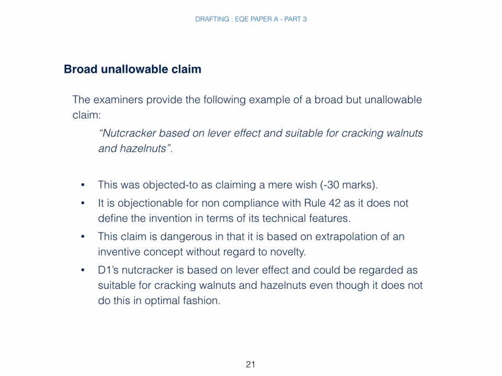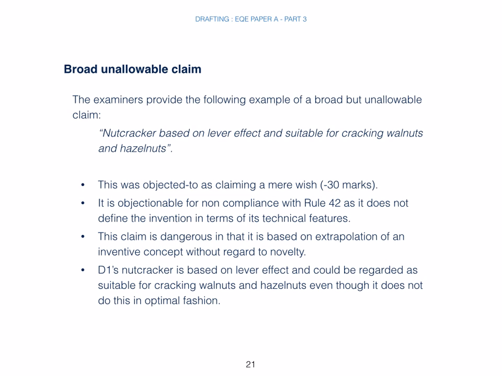If you look at novelty, you look at D1's Nutcracker, which is based on a lever effect, and it could be regarded as suitable for cracking walnuts and hazelnuts, even though it does not do this in an optimal fashion, then the claim will lack novelty and you will lose an additional 20 points. So the claim will in fact get 0 points out of 50.